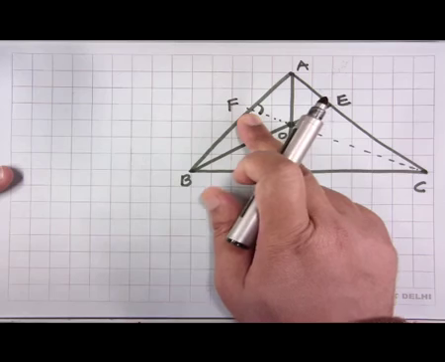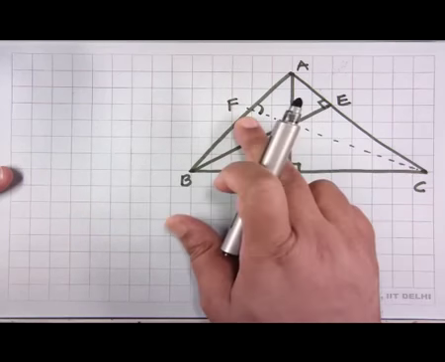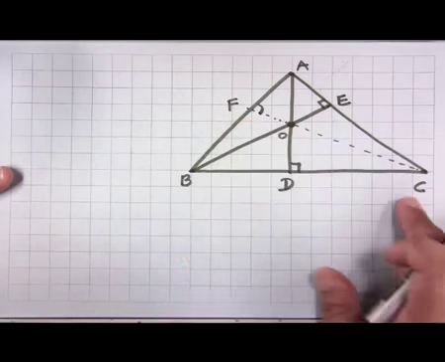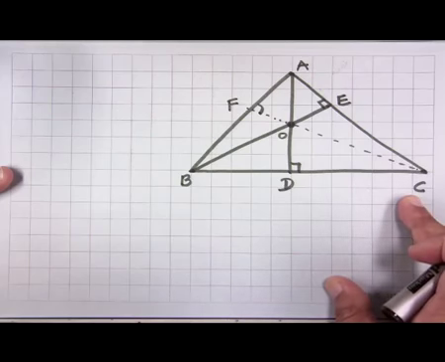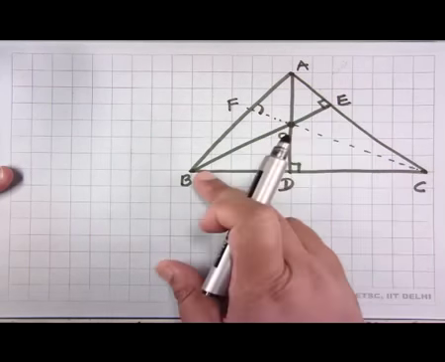That essentially also means that CF is the perpendicular from the vertex C to the opposite side AB.